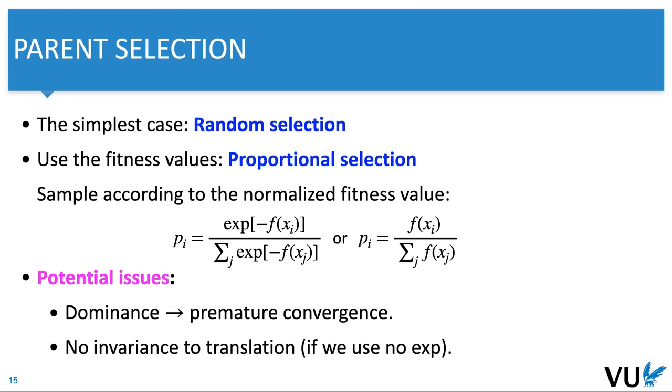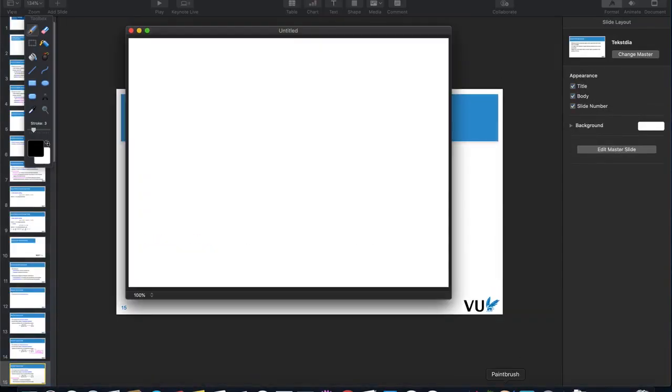So if we add, for instance, to all fitness values some quantity, let's say we add 5 to all, then these probabilities will change. However, this is not the case if we use the exponential function, all right? Because this is the exponent, it will cancel out. Actually, maybe we can quickly look into this, so we can quickly calculate something.